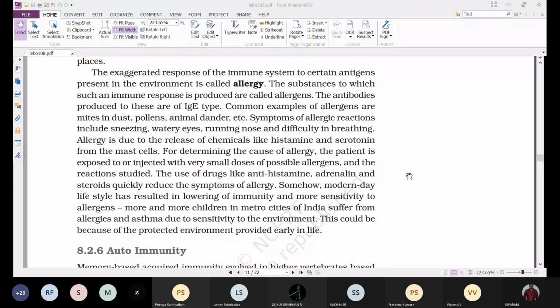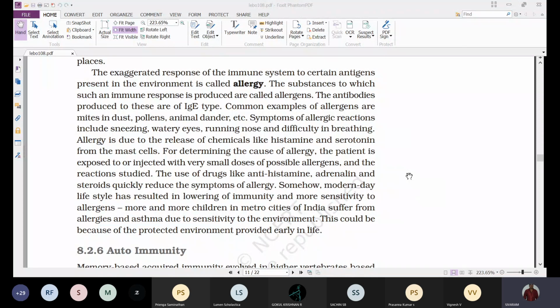So we have to make sure that we reduce the allergic reactions. For that, we can use drugs like antihistamine, adrenaline, and steroids, which will reduce the symptoms of allergy.